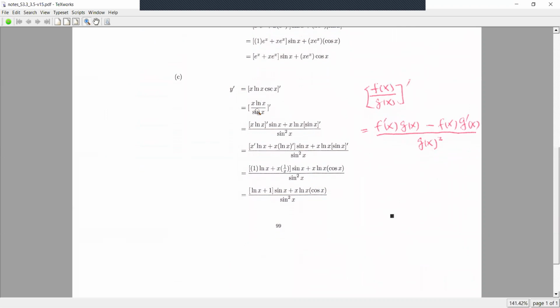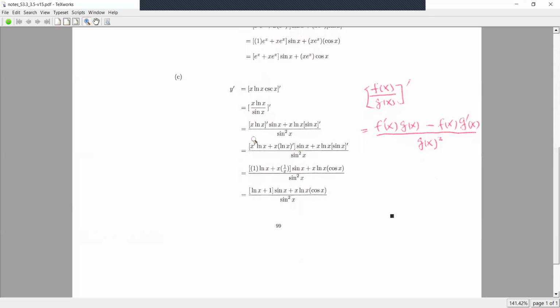Write cosecant as 1 over sine. Then the function is a quotient. Take derivative on this quotient by quotient formula. We have this equation. Now, in this expression, we need to compute this derivative and this derivative. For this derivative, we apply product rule. Then we have this equation.